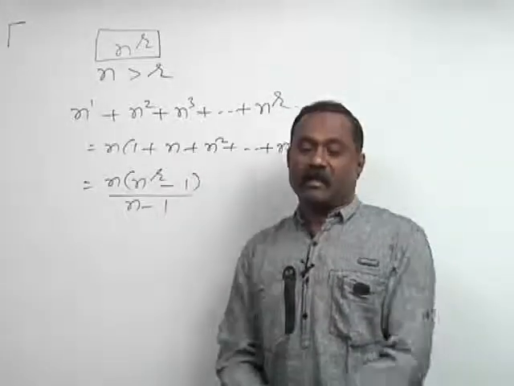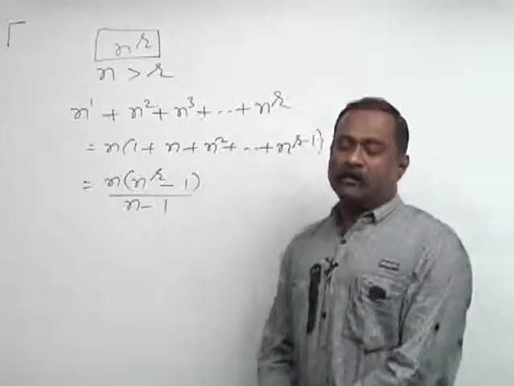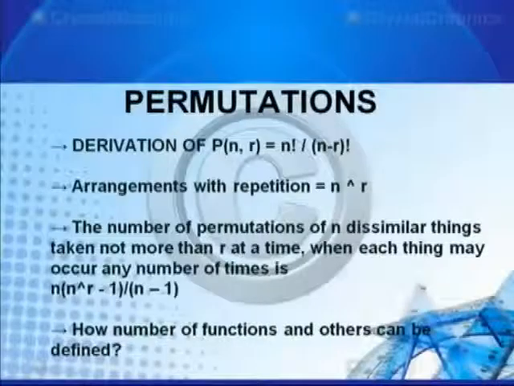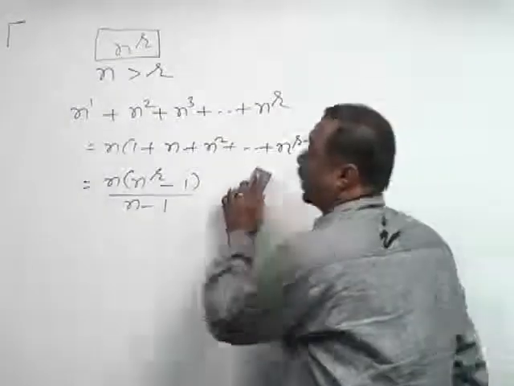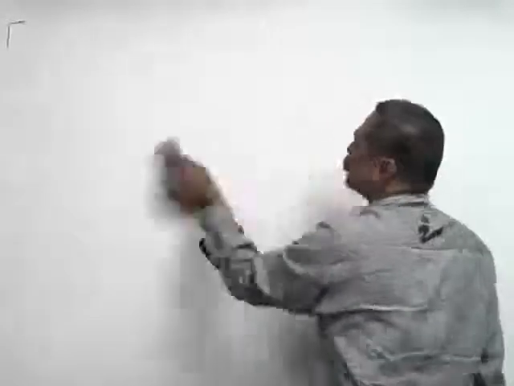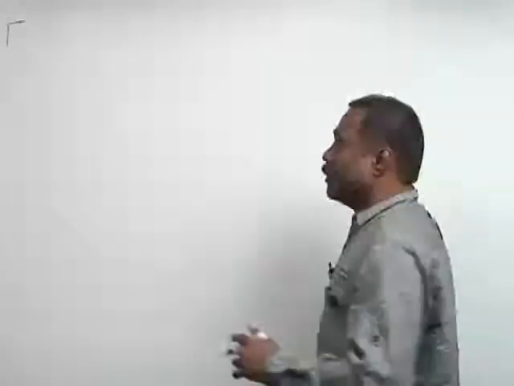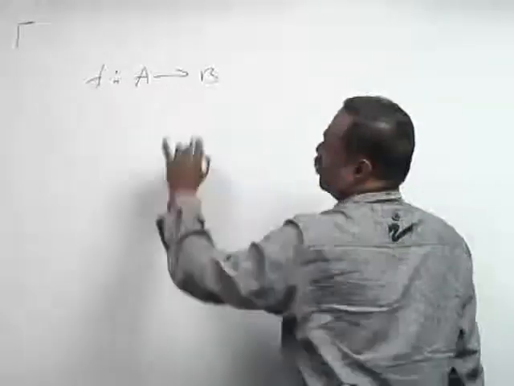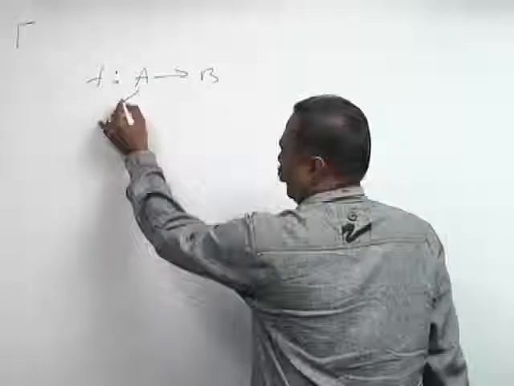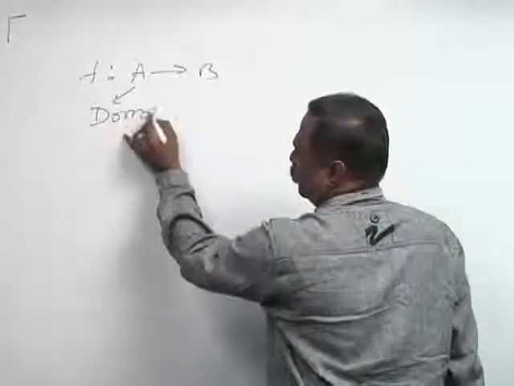So you understand that. Now how many functions and others can be defined using this? This is an important thing to be understood. But before that, you must know the definition of a function. Simply, I'll tell you like this. f maps A to B. What is A? You know, A is the domain.